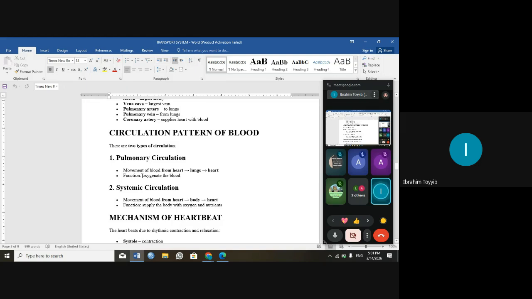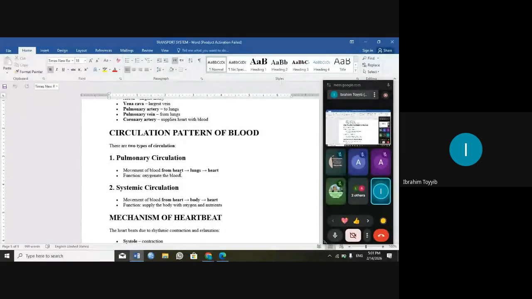Now, this is the simplified explanation of the pulmonary circulation, but let me just explain in broad. So kindly listen to me. We said movement of blood from the heart. So that means deoxygenated blood is moving. So deoxygenated blood is returning from all parts of the body, except the lungs.